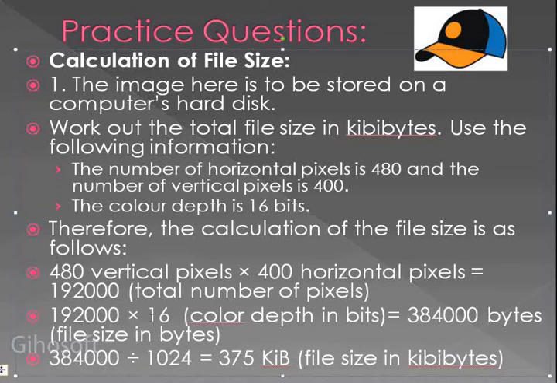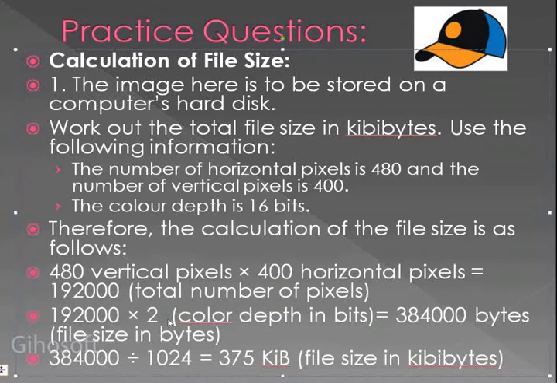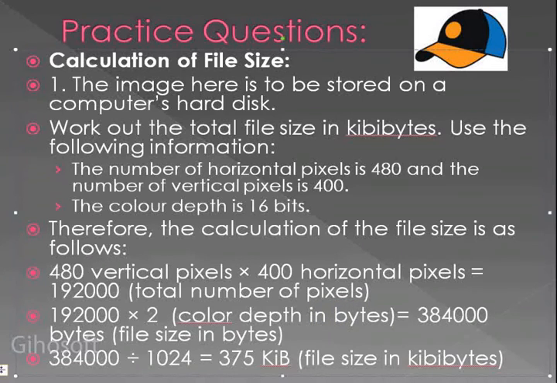The least unit the examiner is going to ask you for is bytes, so we'll just write the color depth in bytes. 16 bits means 2 bytes, and we'll modify the formula to be in bytes as well, and this gives us the answer of 384,000 bytes.